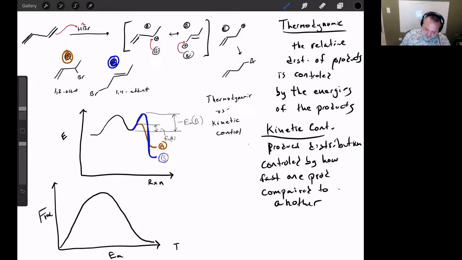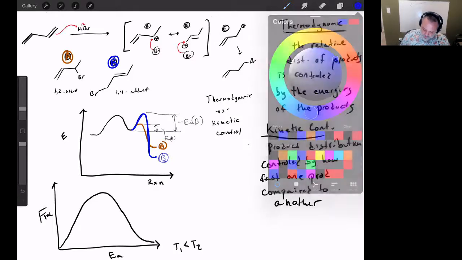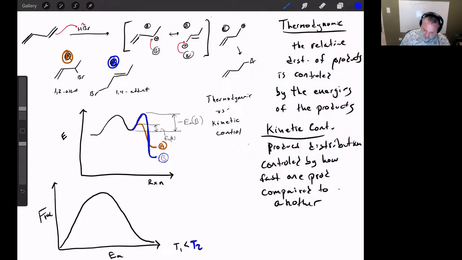So if I have T1 and T2, and T2 is greater than T1, let's color code it. Then this is what happens to the distribution of energies of the molecules in a collection of molecules. So this graph at the bottom shows you what the distribution of energies is in any collection of molecules at a particular temperature. Since I've drawn two different curves, I've got two different temperatures represented. I've got T2 and I've got T1.